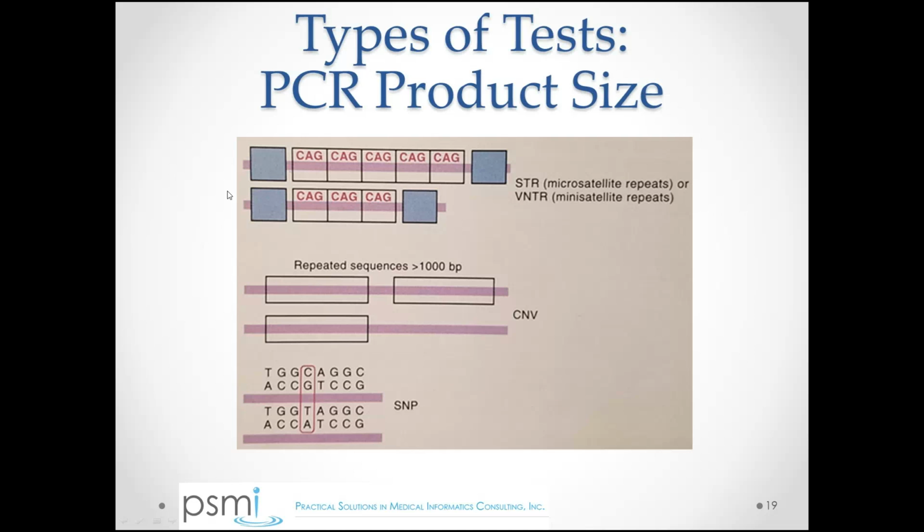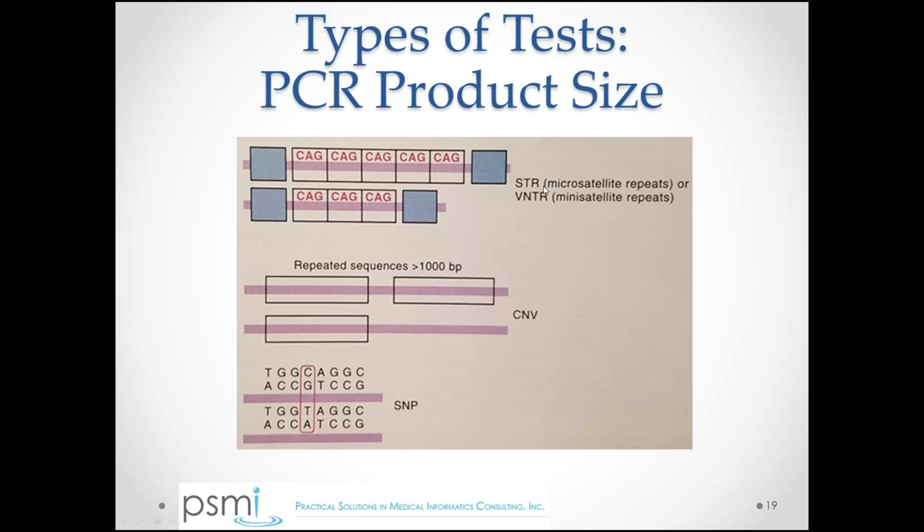There's been, I think, 3 sessions where we've talked about these things called short tandem repeats. You may recall that your DNA is roughly 50% single copy and roughly 50% repetitive DNA.